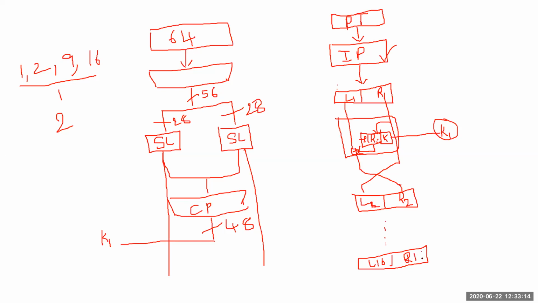After this, the final permutation, FP, will be operated. The output of the final permutation will be the ciphertext, CT, and this will be sent to the recipient.